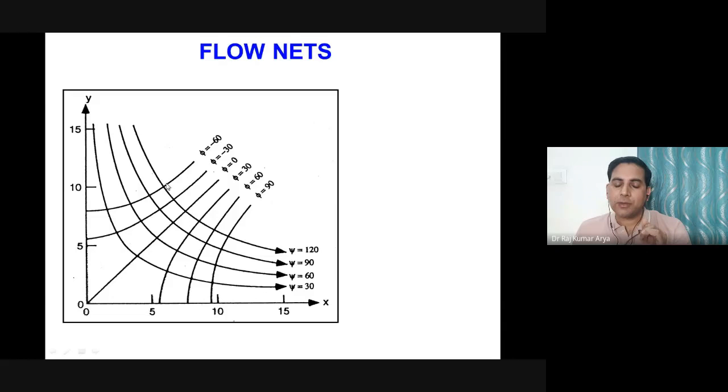If you want to calculate another point, you are just differentiating, extending it. So you can easily calculate the velocity at point 1, point 2, point 3, point 4. That is the importance of this flow net. Without any further tedious calculations, you can easily calculate velocity at different junctions.